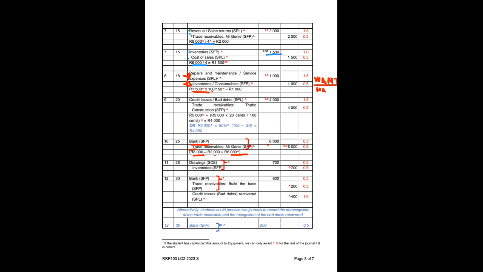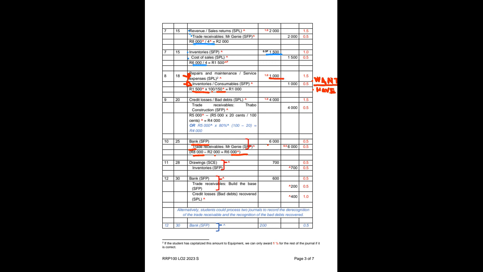So what we have is the selling price, which represents 150%, and what we want is the 100%, which is the cost price. So that's why we went with 100 over 50, right? And we then got an amount of 1,000 Rand, which we record as an expense.